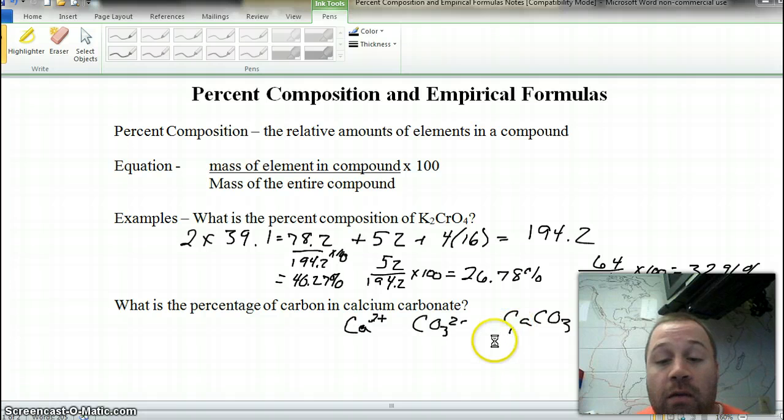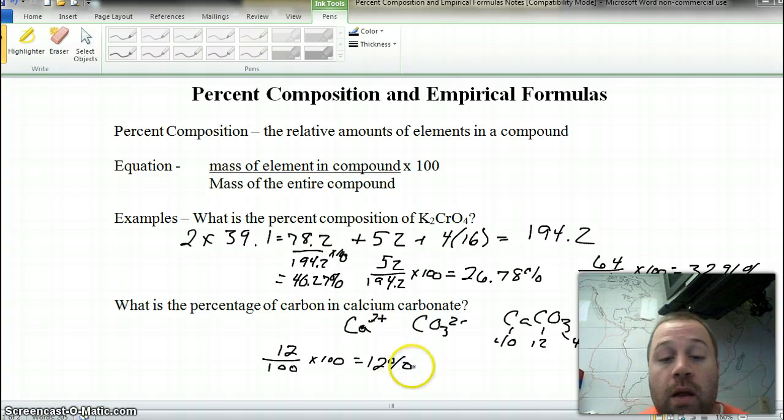Add up the mass. This is 40. This is 12. This is 3 times 16, which is 48. Add it all up, and it is 100. So the percent of carbon is 12 divided by the total, 100, times 100. So it's just 12%. And that's all you have to do.